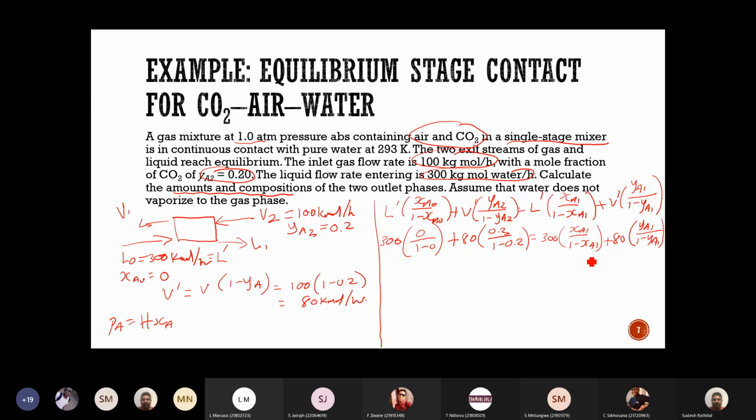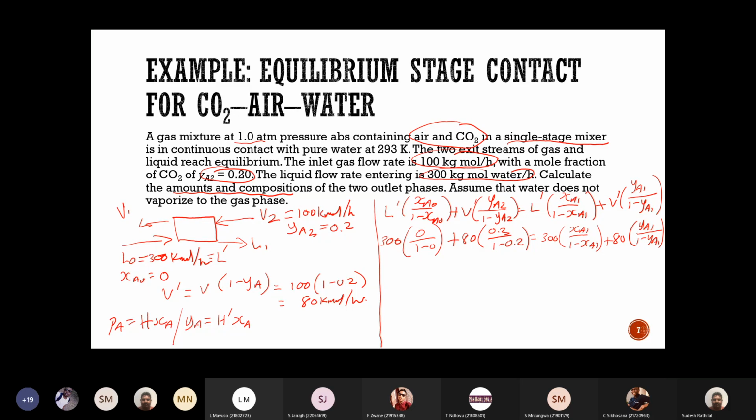How do we convert it? It means that YA is equal to H prime XA. And what is H prime? H prime is basically the Henry's constant divided by the total pressure.